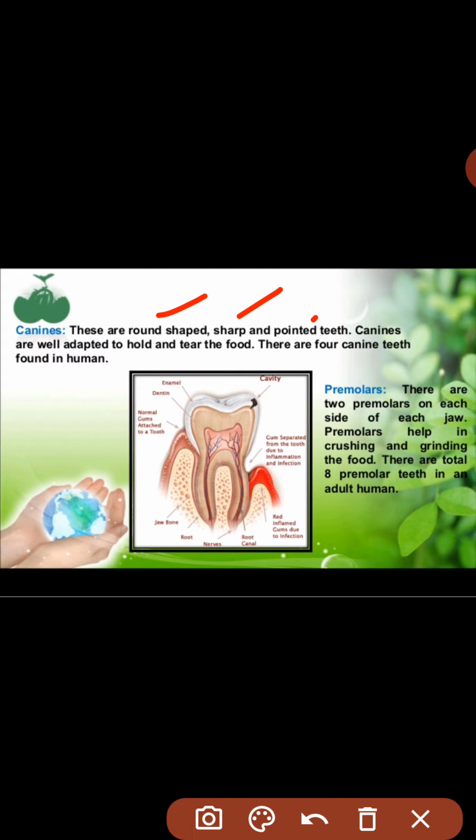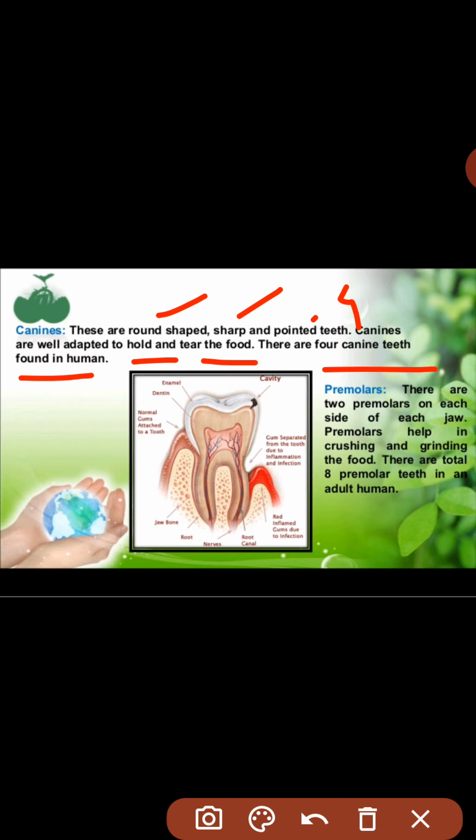There are 4 canine teeth found in humans. These teeth are adjacent to your incisors, and they are very sharp and are used to hold the food and tear it apart.